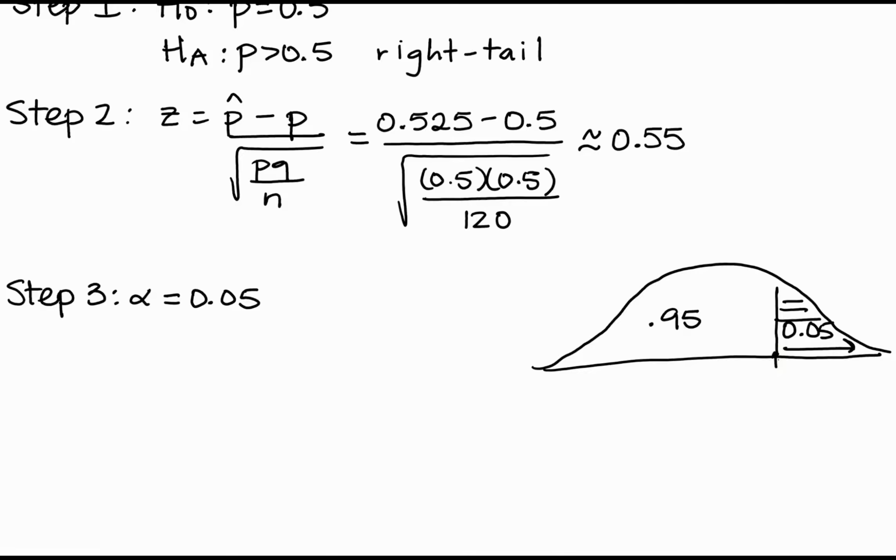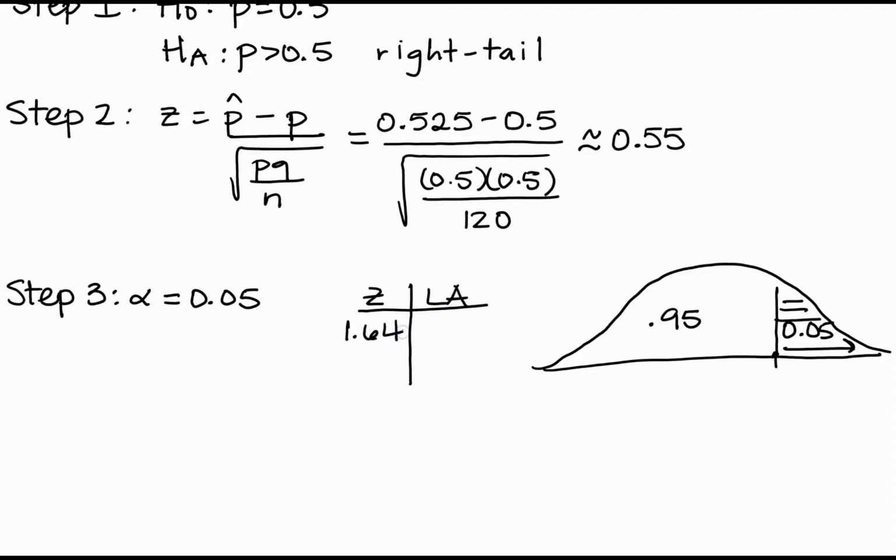If we head over to our standard normal distribution table, the table with the z-scores, I have Z, LA stands for left area. A positive 1.64 has a left area of 0.9495, and a positive 1.65 has a left area of 0.9505.